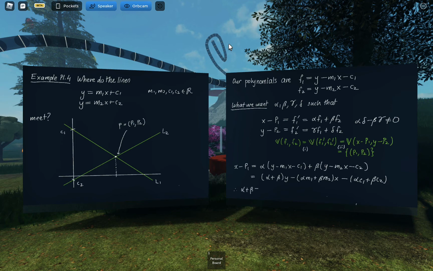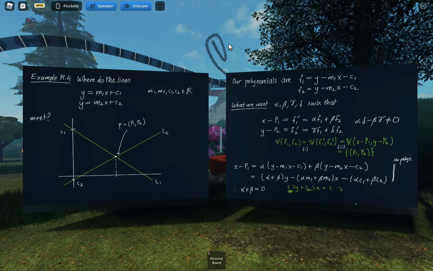Alpha plus beta has to be equal to 0. This is equality as polynomials. Remember I discussed, and we'll come back to what it means for two polynomials to be equal. It means that all the coefficients of the relevant things are equal. So on the right hand side I have something times y plus something times x plus a constant.